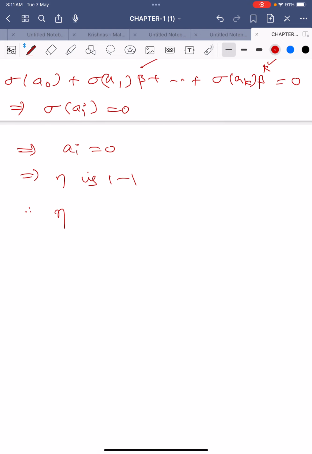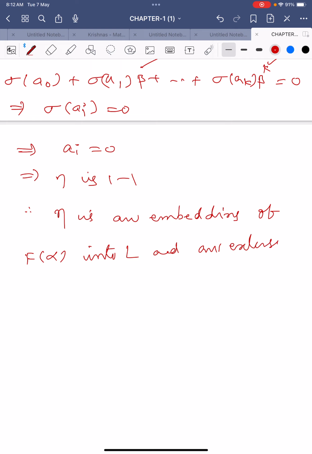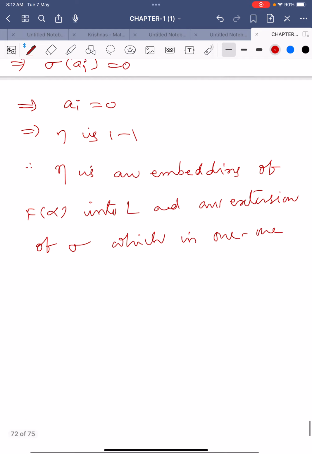Now this eta is an embedding of F(alpha) into L, and an extension of sigma, which is a one-one mapping also.